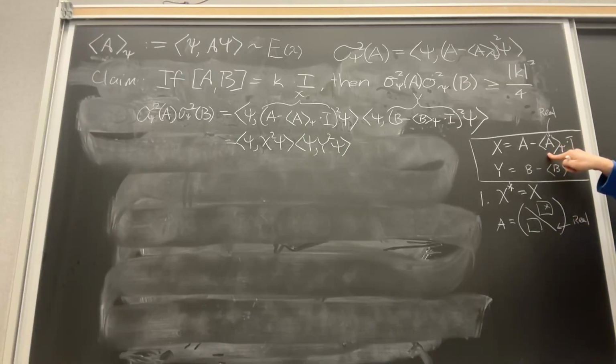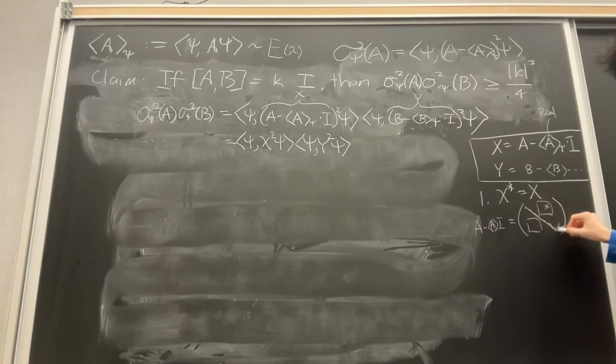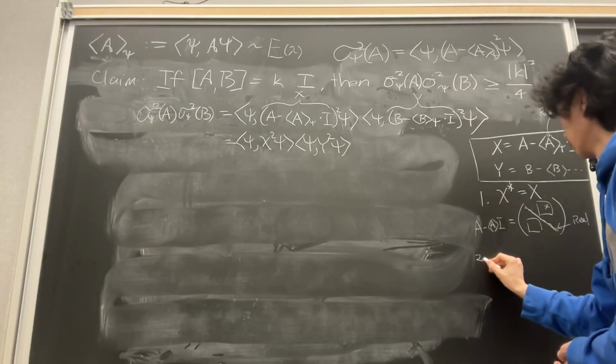So the average must also be real, okay? If there's justice in our world, then it must be real. So you're subtracting something real off the diagonal, and it's still real. So this whole thing is still self-adjoint, right? Agree? So it makes sense. X is self-adjoint. This is the first claim.